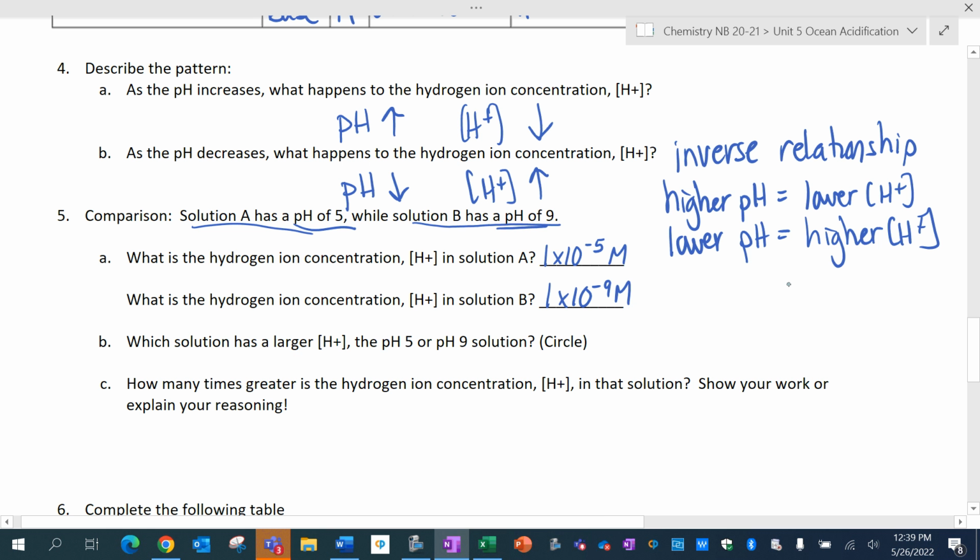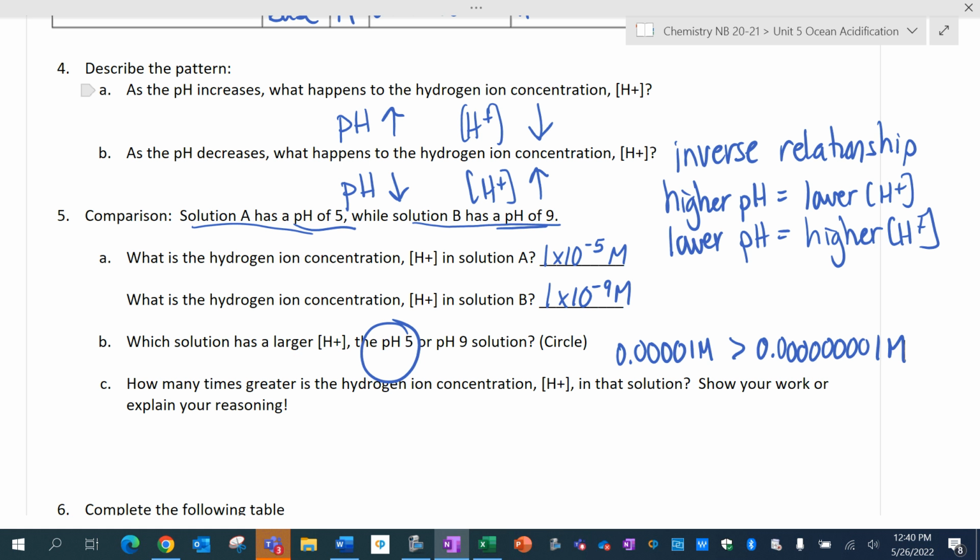So which of these is larger? Well, pH 5, because it's a negative exponent here, so 1 times 10 to the negative 5th, that's 1, 2, 3, 4, 5. That is a bigger number than 1 times 10 to the negative 9. 1, 2, 3, 4, 5, 6, 7, 8, 9. I'm just writing it out this way in case that makes it easier for you to visualize what I'm talking about here.